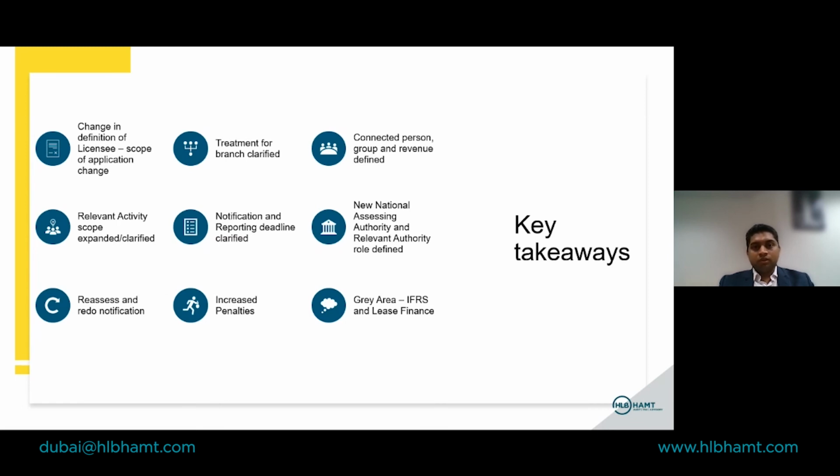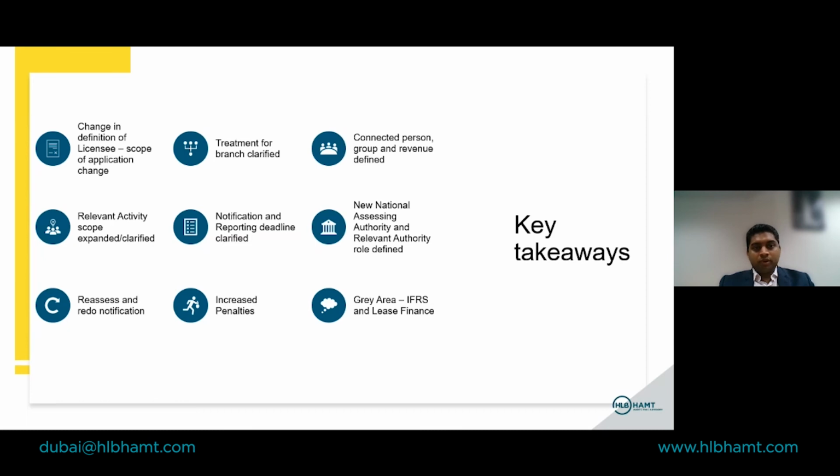One important thing to note in the group and revenue definition is that you might be required to do a consolidation if you follow IFRS, but you may not be doing it. In that case, you still fall under it. Or maybe you are supposed to record the revenue, but you are not doing it. So you have to see whether IFRS compliance is done or not.